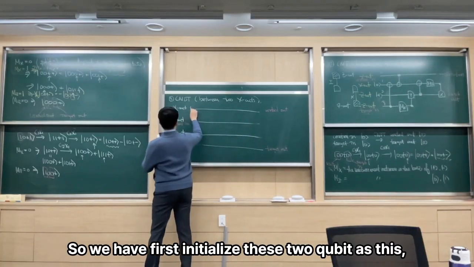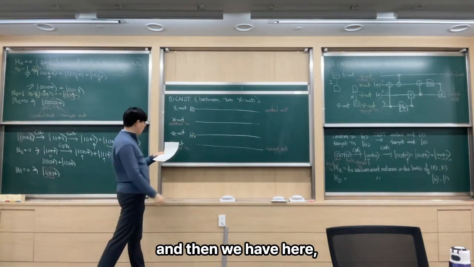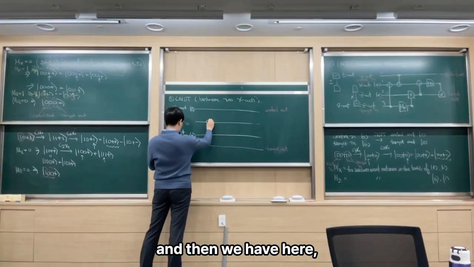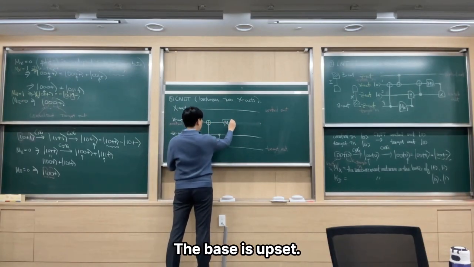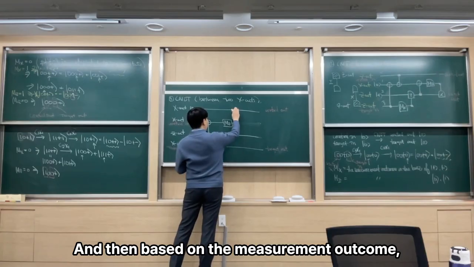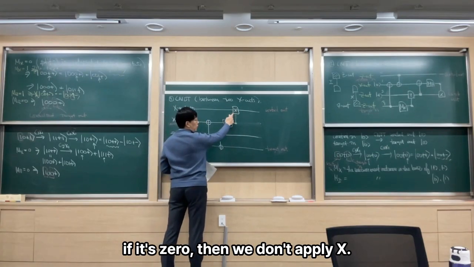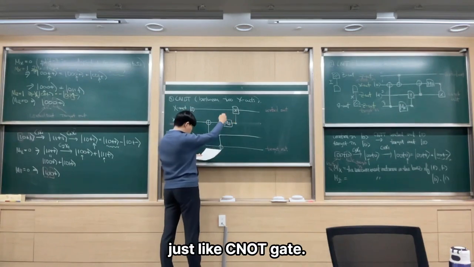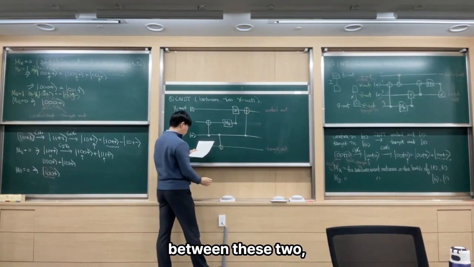So we first initialize these 2 qubits as this, and then we take a measurement. The basis is X, and based on the measurement outcome, if it's 0, then we don't apply X. If it's 1, then we apply X, just like a CNOT gate, and then we apply a CNOT gate between these 2.